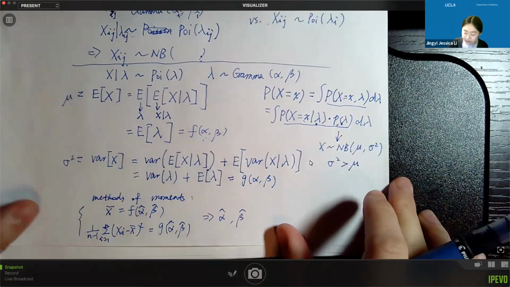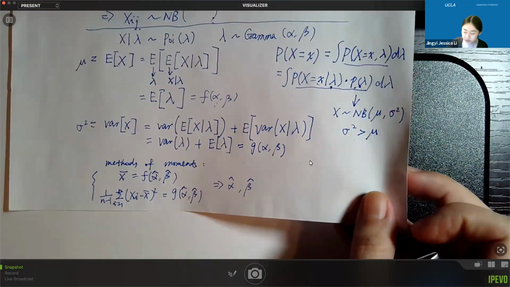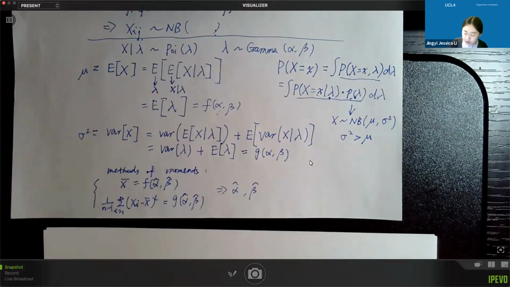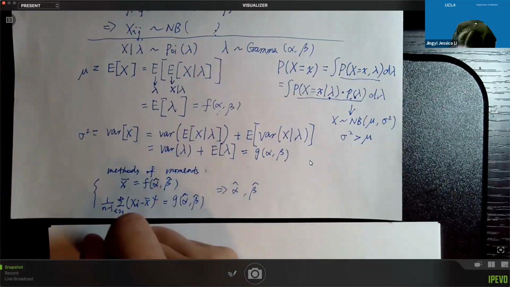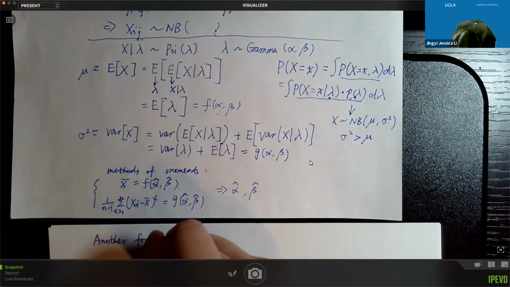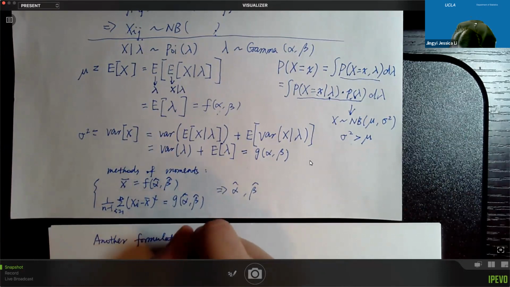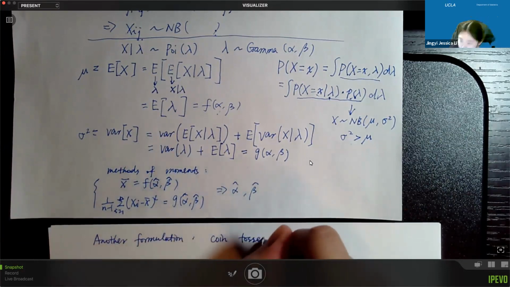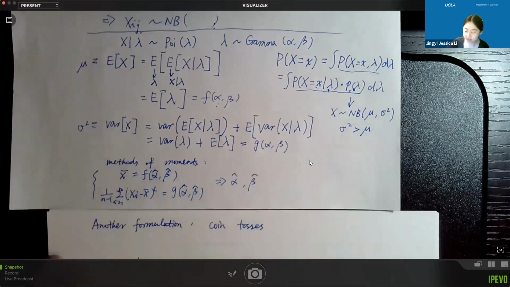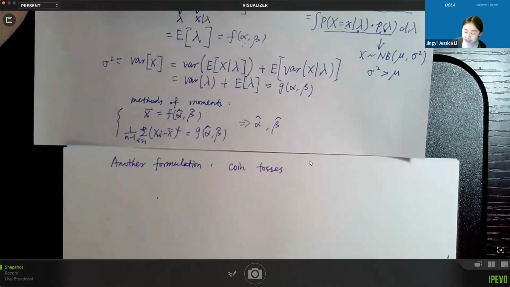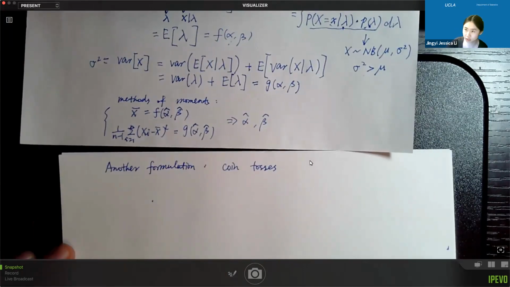Another way you may consider for the motivation of negative binomial, actually this is something I learned first myself. So another formulation is from the coin tosses perspective. I think in many introductory probability texts, probability is taught via coin tosses, right?